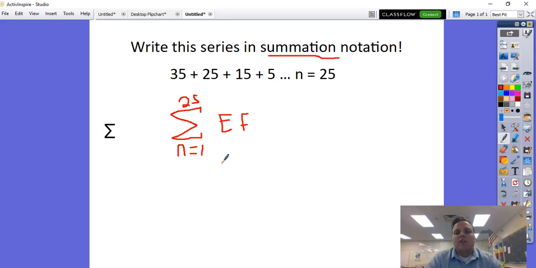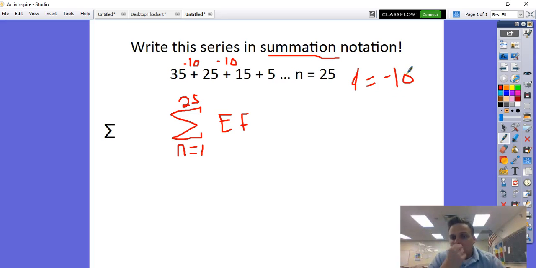To find explicit formulas, you first have to ask yourself, is this a geometric situation or an arithmetic situation? You look at this: 35, 25, 15, 5, and so on. Hopefully you realize that I'm subtracting 10 each time, so I have a common difference of negative 10.